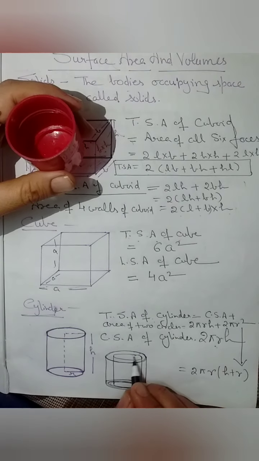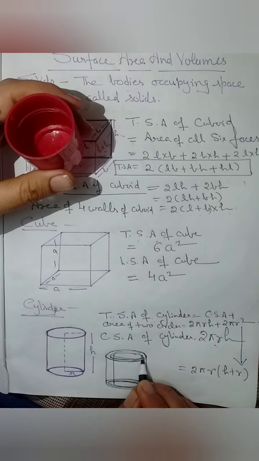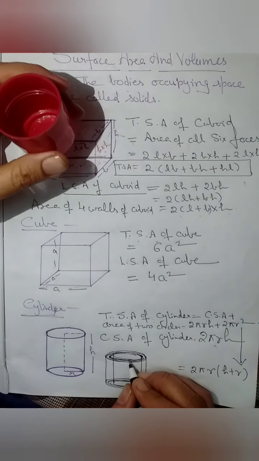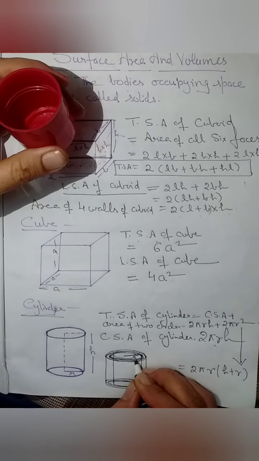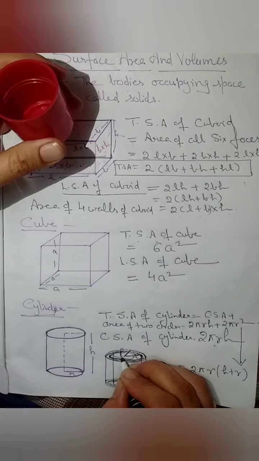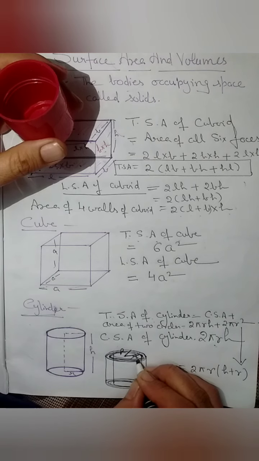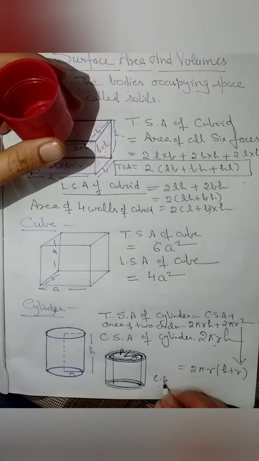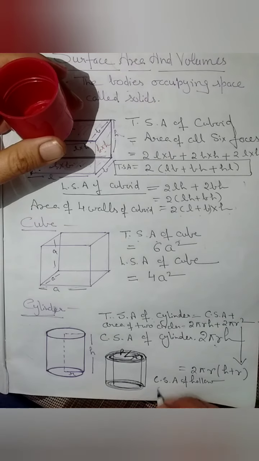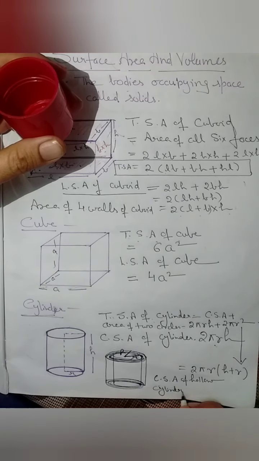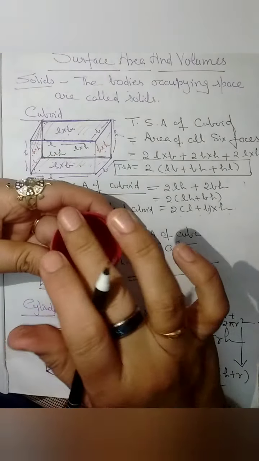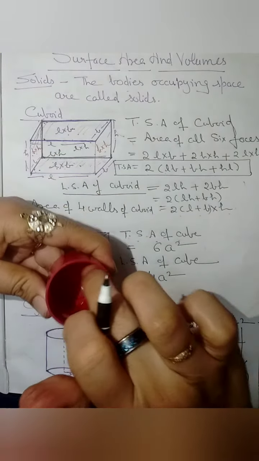Suppose this is water pipe and you have to find curved surface area of this hollow cylinder. Suppose internal radius is small r and outer radius is capital R. This is small r, this one is capital R, and we have to find CSA of hollow cylinder. CSA means curved surface. If this is hollow, then how many curved faces are there?